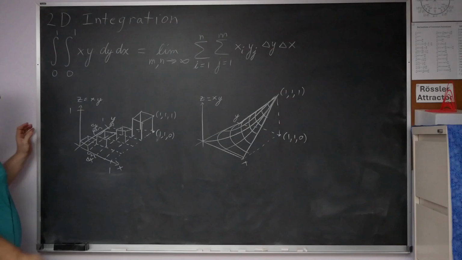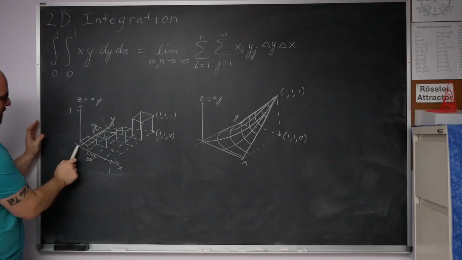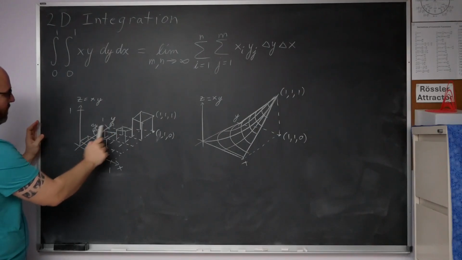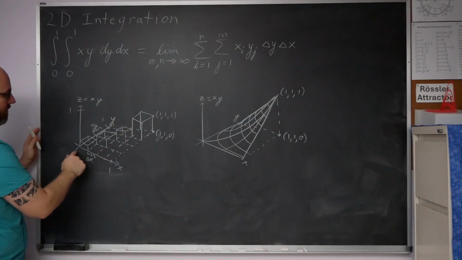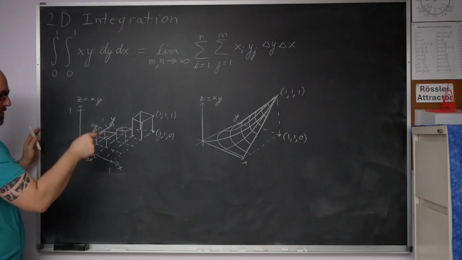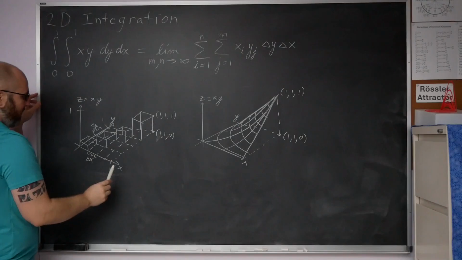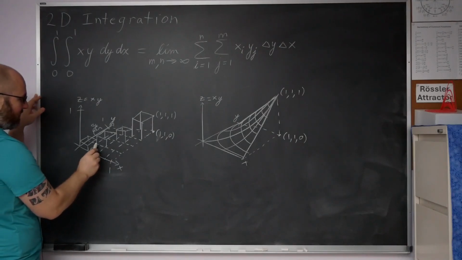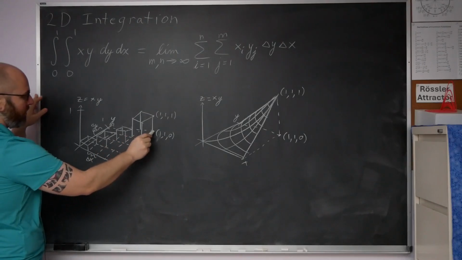I didn't draw all the rectangles here, and I didn't do a great job, but essentially if you're dividing this up, in this case n and m are both 4, so you're dividing it into 4 little segments, but you end up with this grid rather than just a bunch of little segments along the x-axis. So here this is x1, y1, this is x2, y2, this is x3, y3, this is x4, y4.